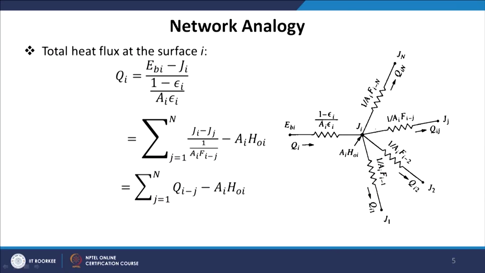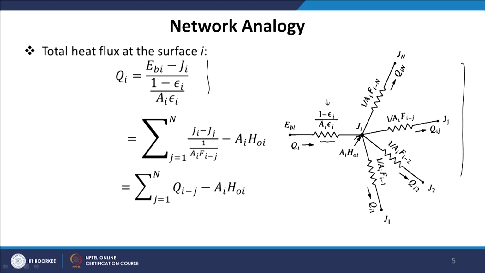In this network, we can write the current reaching this node as the potential difference across this resistor. So, EBI minus JI is the potential difference, and then the surface resistance is (1 minus epsilon I) upon AI epsilon I.